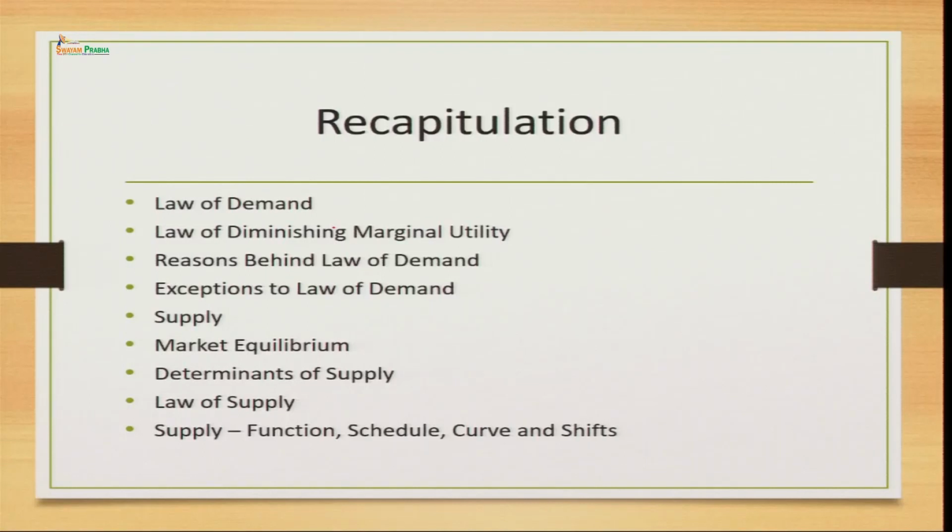Thereafter, we have talked about exceptions to the law of demand. The law of demand says that when the price of any commodity increases, its demand decreases, but there are certain areas where the law of demand does not work, like in the case of Giffen goods, which are a special category of inferior goods, or goods which are purchased for maintaining or representing status in society.